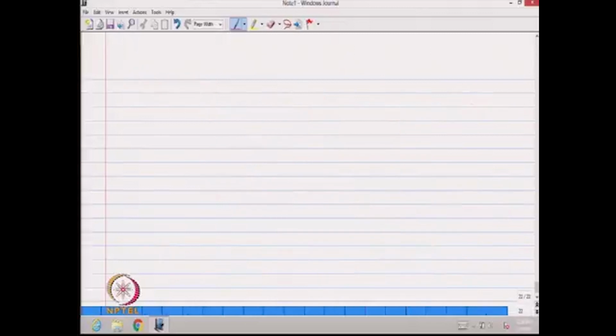Now we are going to define the random variable. That is nothing but the real valued function where X denotes the number of heads obtained.